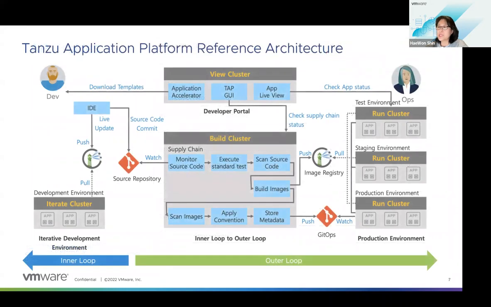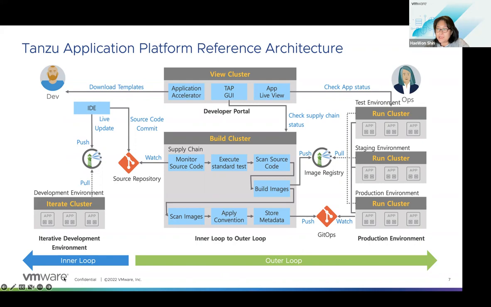I will shortly explain the demo environment that we will be using in this webinar. It consists of 4 clusters called the iterate cluster, view cluster, build cluster, and run cluster. Depending on the role of the cluster, these clusters were named according to the profile names explained earlier. We say the concept of inner loop and outer loop together when explaining Tanzu Application Platform.